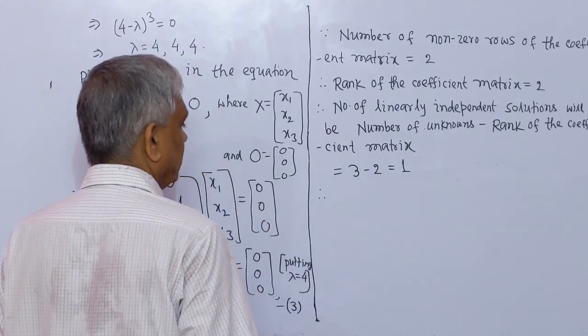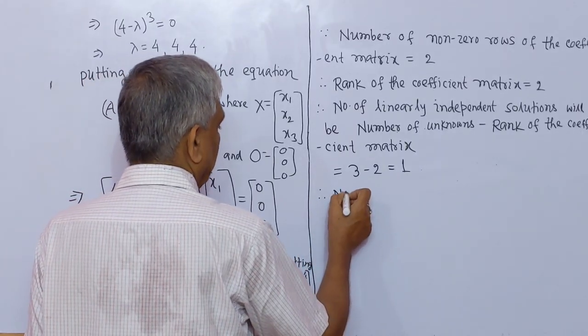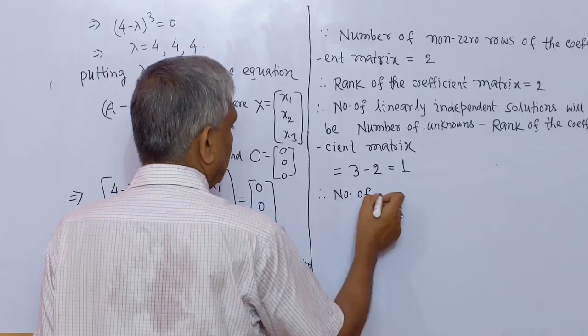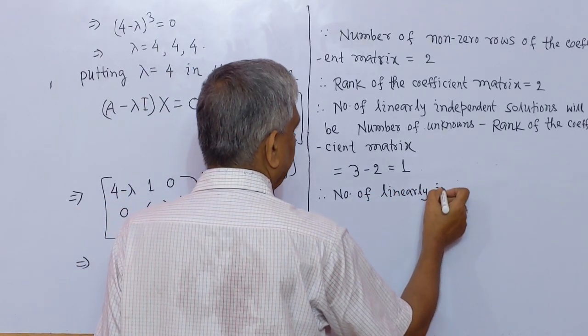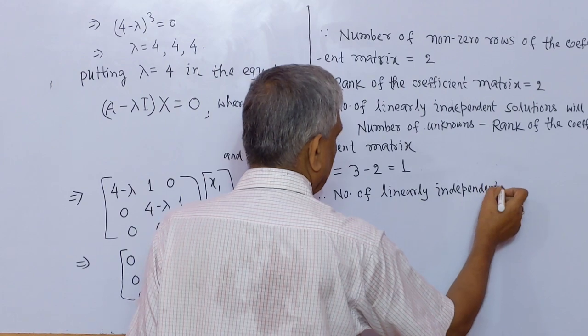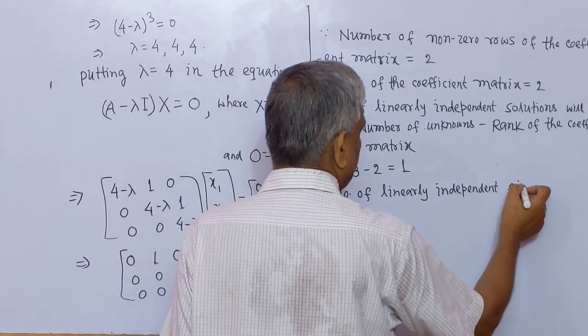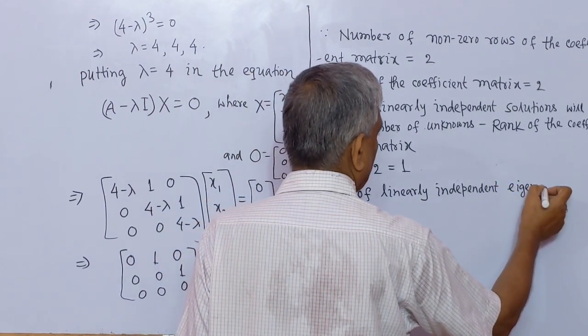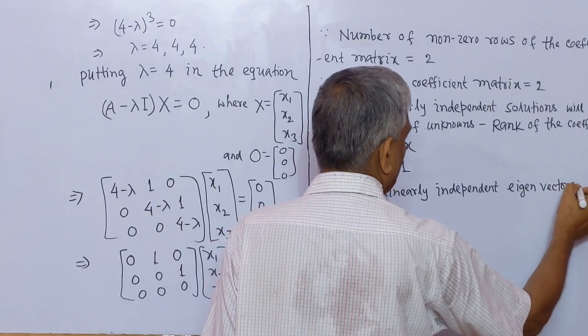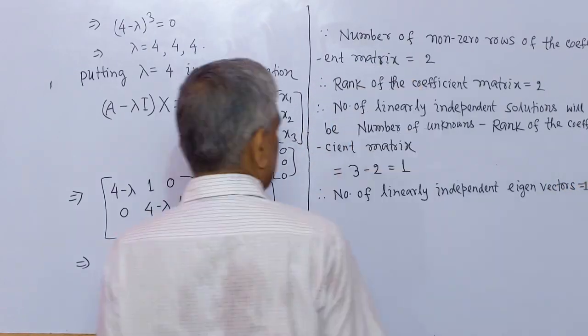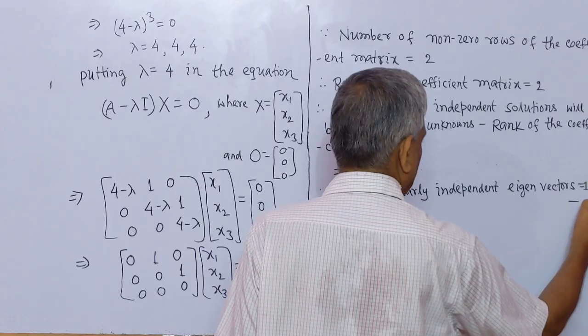Therefore, the number of linearly independent eigenvectors equals 1. This is number 4.